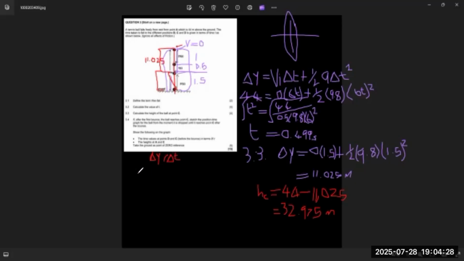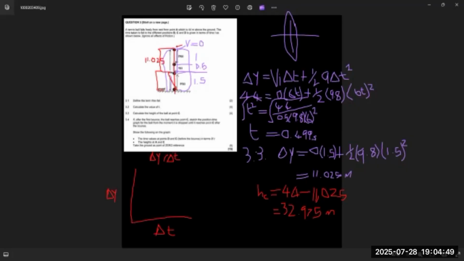Okay, so this is my graph. My handwriting won't be good. This is my change in Y, and this is my change in T.